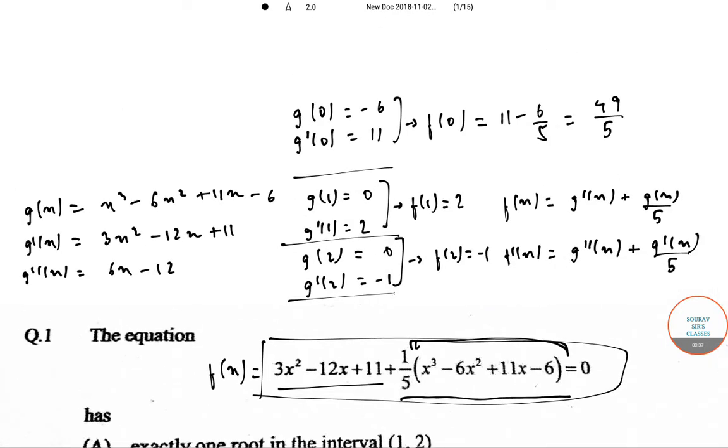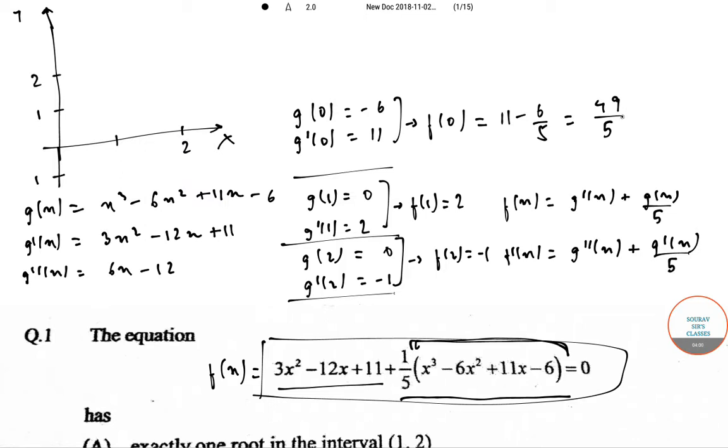So the graph can be such. This is the x-axis, this is the y-axis. This goes from −1, 1, 2.